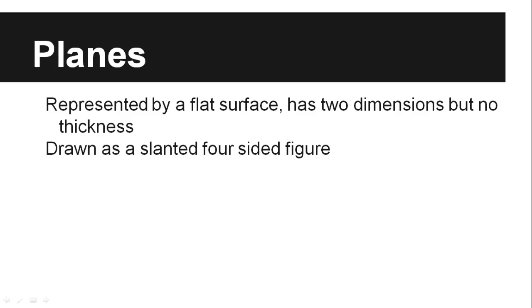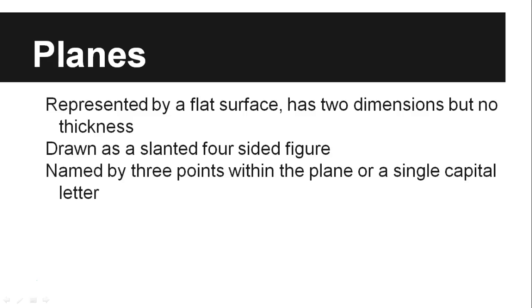The last undefined term is the plane. So a plane is represented by a flat surface, picture a piece of paper, a chalkboard, anything like that, and it's got two dimensions. So it can go up and down, left and right, but it still has no thickness. It's drawn as a slanted four-sided figure, picture a parallelogram, and it's named either by three points within the plane or by a single capital letter.